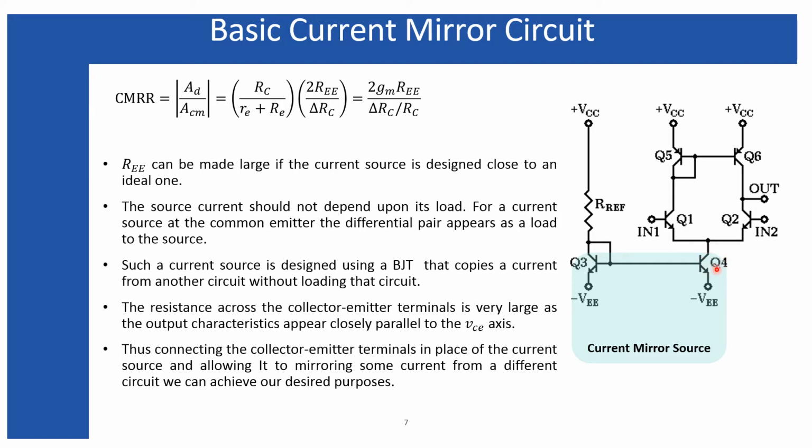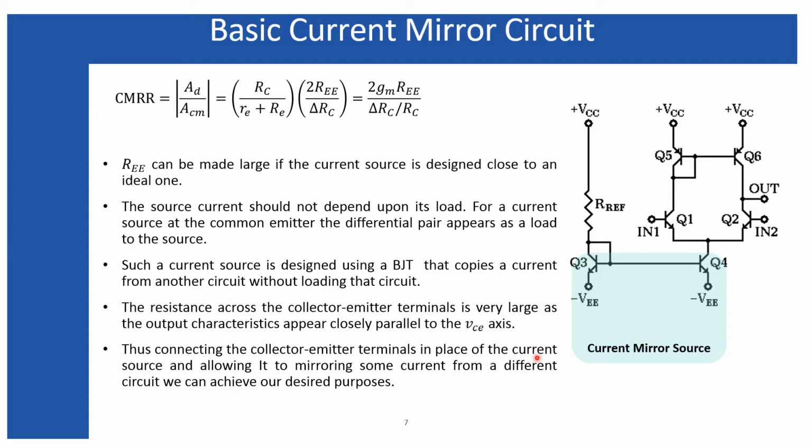And since Q4 is copying current from Q3, Q4 must not load Q3. That means by varying any parameter of Q4, the current provided by Q4 may vary, but that variation must not be reflected over here.